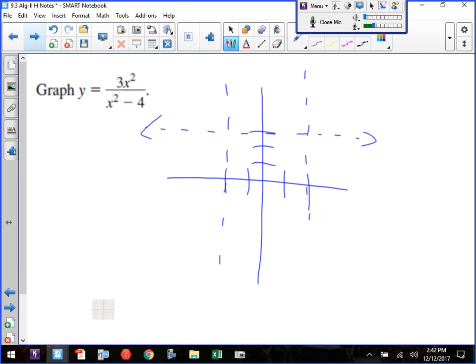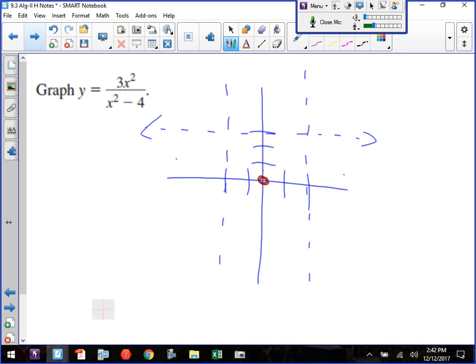Where's my x-intercept? At 0. So when it gets to something like this, notice you get 3 sections where you have to substitute values in to figure out what's going on with the curve.